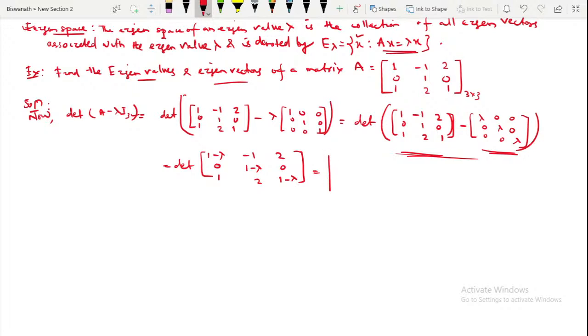This is the determinant of 1 minus lambda, minus 1, 2, then 0, 1 minus lambda, 0, 1, 2, 1 minus lambda.